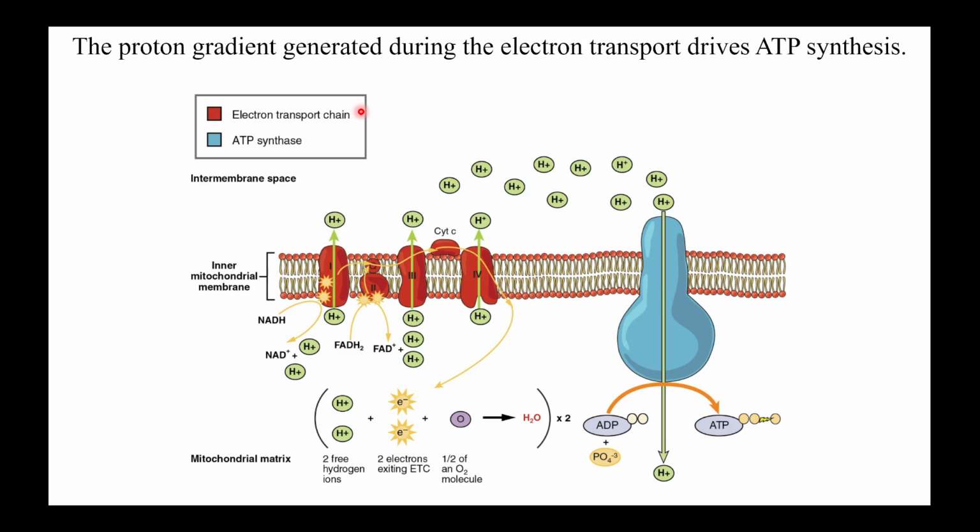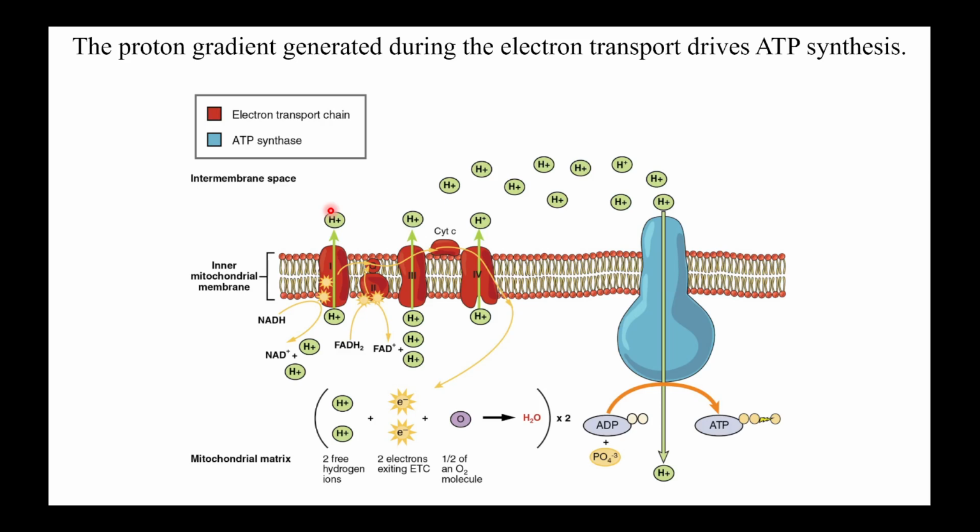So I already have explained that protons are moved from the matrix to the intermembrane space, which creates a proton gradient. The gradient means the concentration of protons is not equal. It is higher on one side of the membrane and lower on the other side.